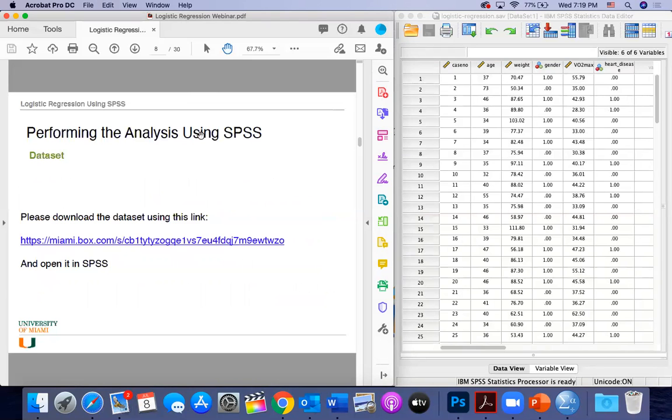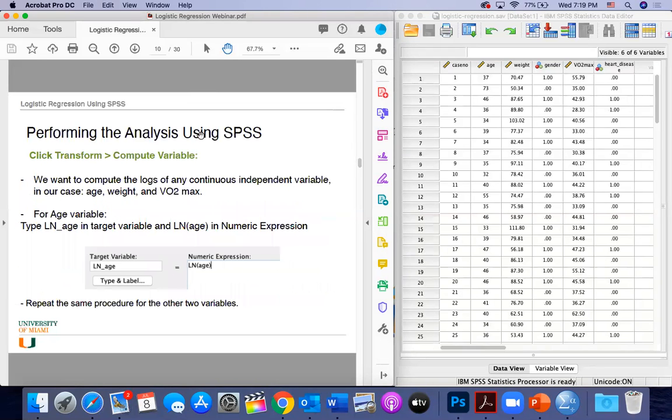In order to do this, first we should compute a new variable that is the natural log of the continuous variable, and then we add the interaction term between the continuous independent variable and its log to the model, and check whether the interaction is significant or not. And remember that we want it not to be significant.